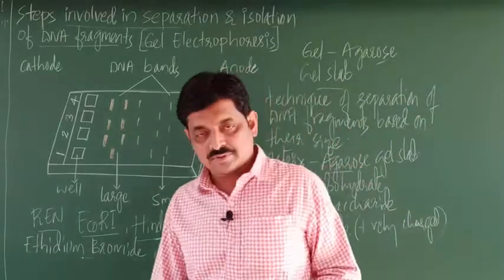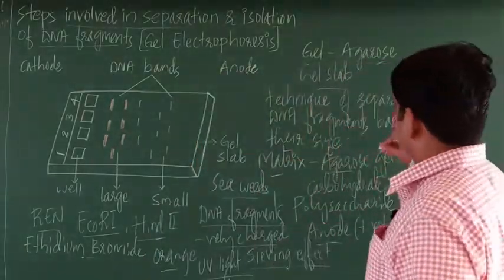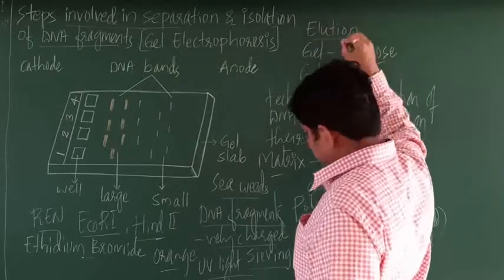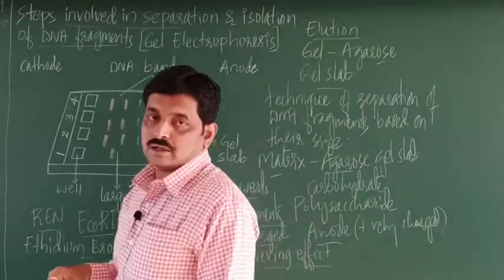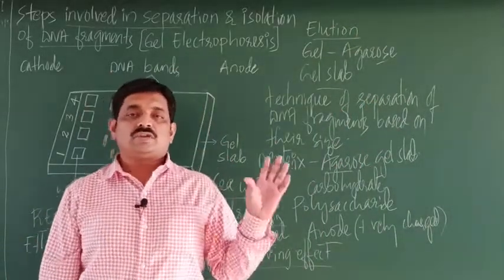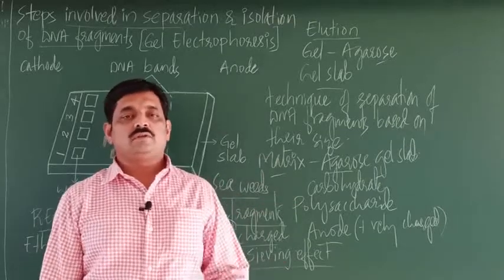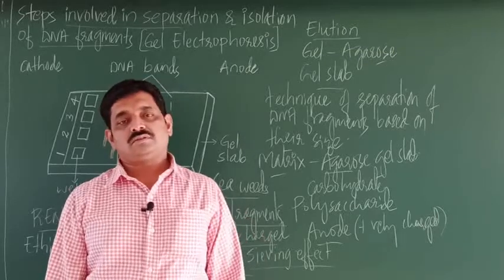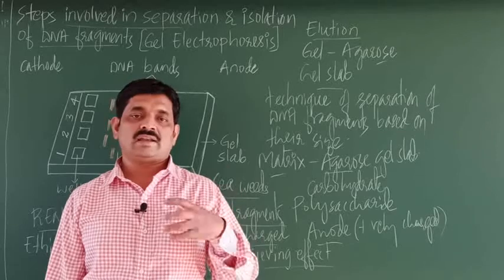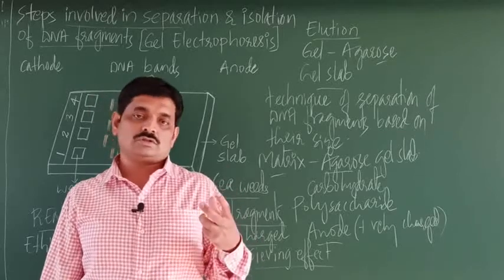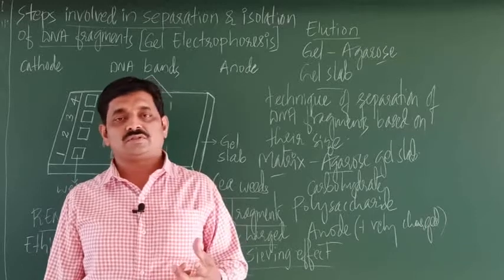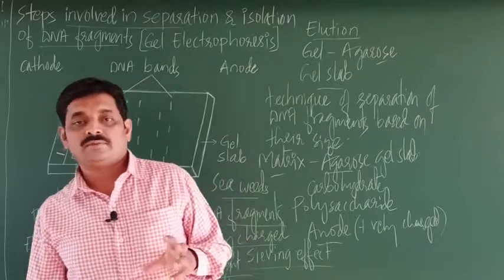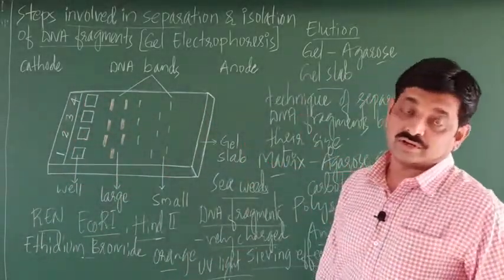After this, the next step is elution. So DNA fragments from the agarose gel slab are cut out and extracted, right? DNA fragments are cut out and extracted from agarose gel slab. This process of extraction of separated DNA fragments from the gel slab is called elution, right?